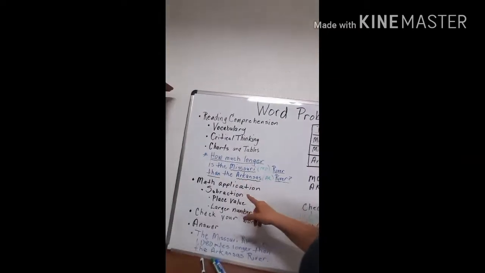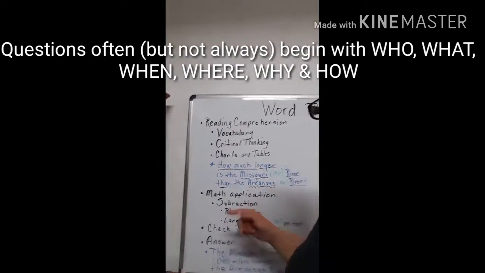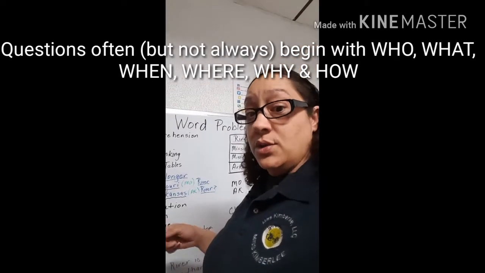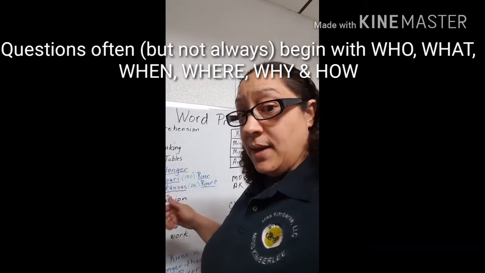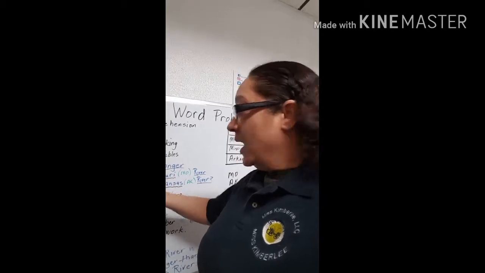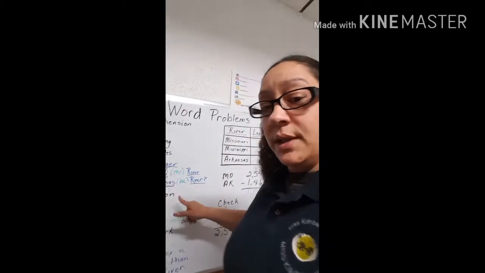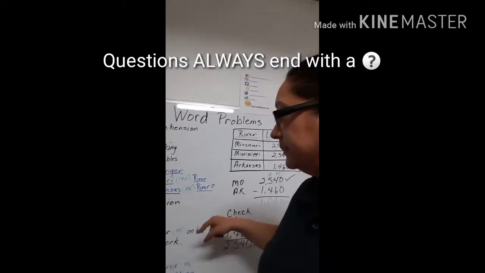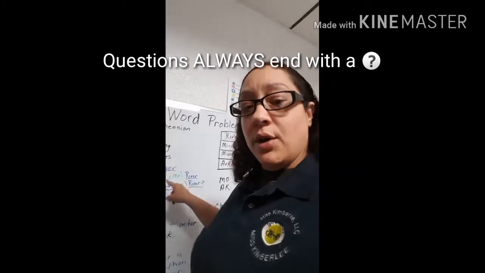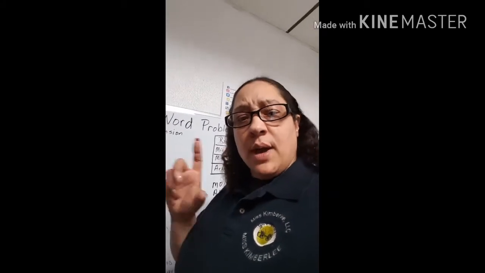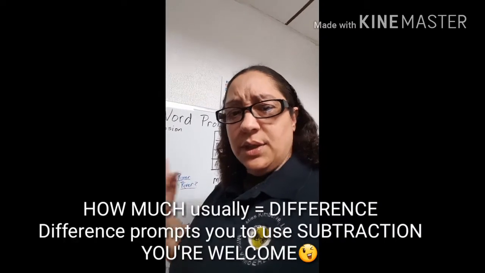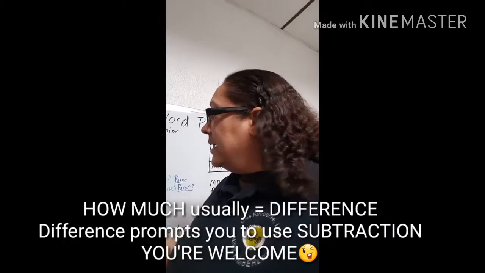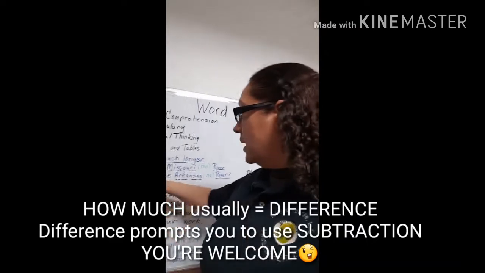Anywho, so breaking down the vocabulary, they need to understand how, what, when, where, why. They need to know that. When you see those words at the beginning of a question, chances are there's a question mark at the end. So how much longer tells you that there's a difference. I need to do some kind of compare and contrast, some kind of separation.